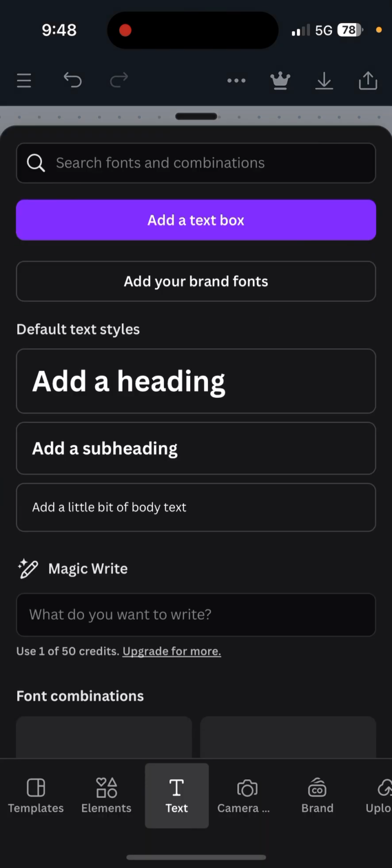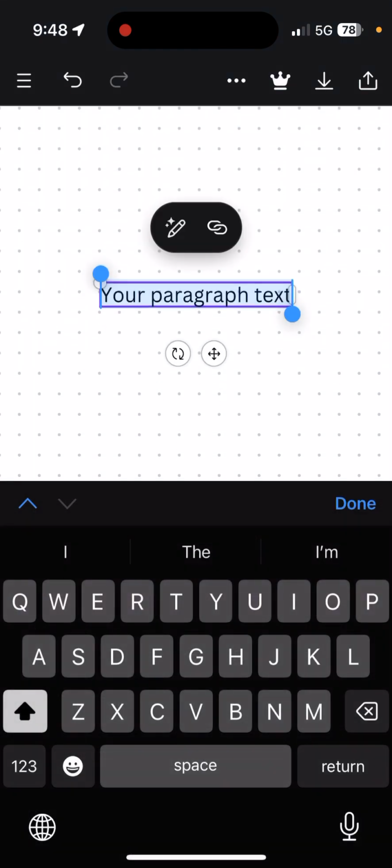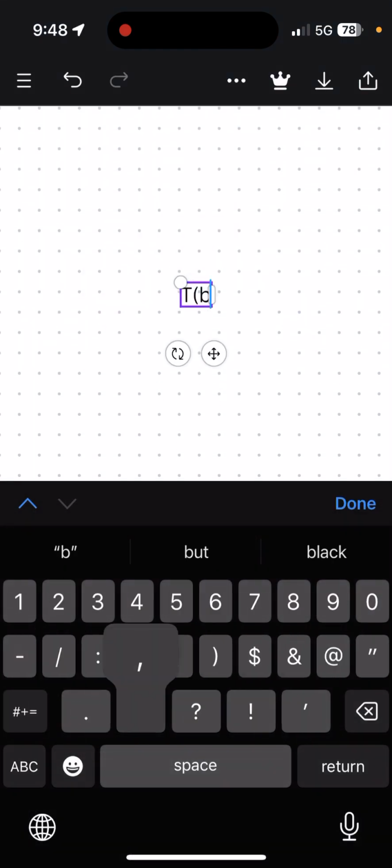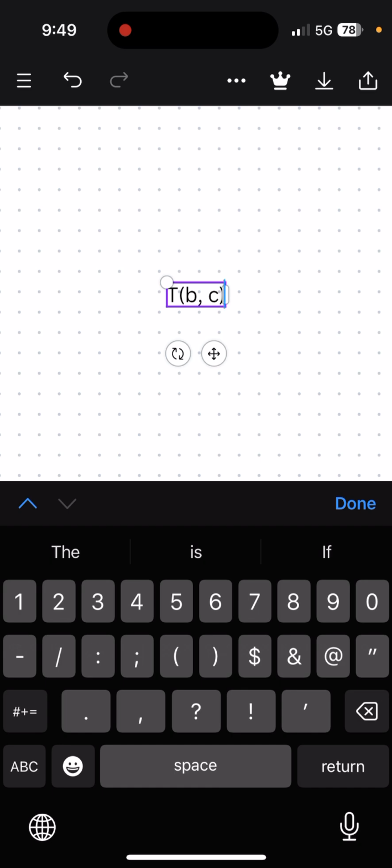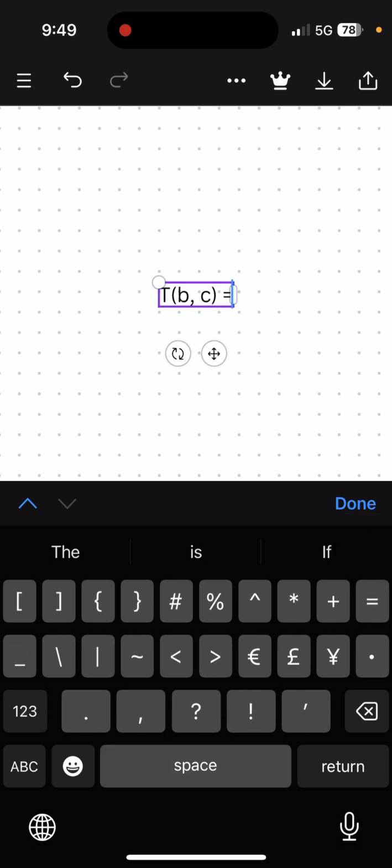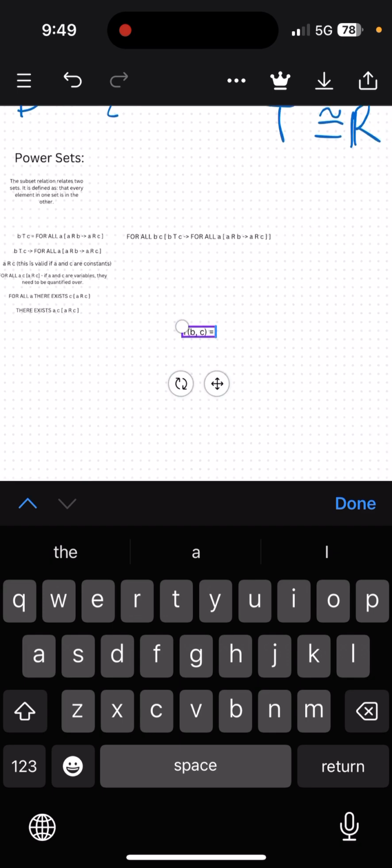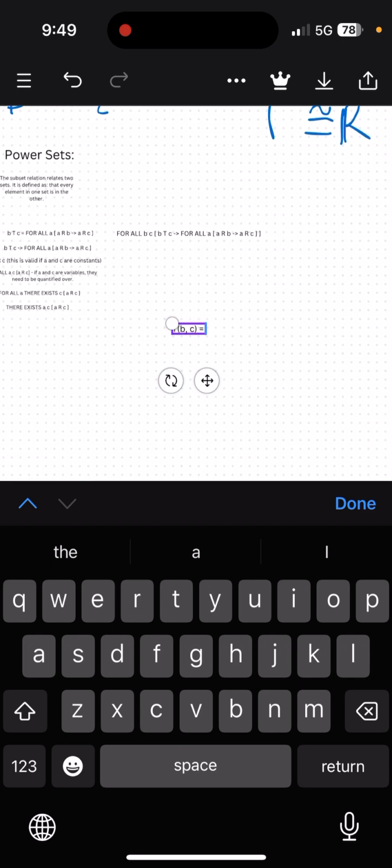So I'm thinking, what if we wrote more like a function, T, B, C, equals... I'm converting universal quantification into a function.